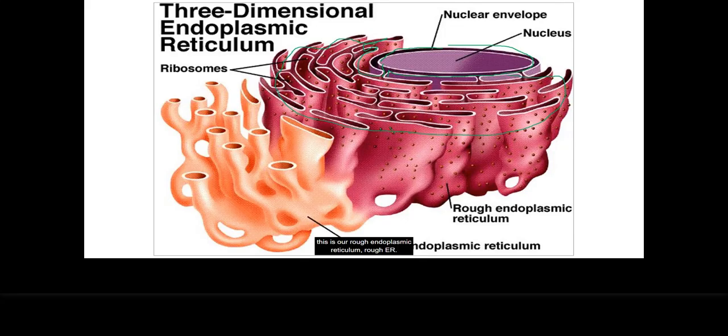This is our rough endoplasmic reticulum, rough ER, and it's attached directly to the other endoplasmic reticulum. Again, these are membrane-covered tubes, but they are smooth. So this is our smooth endoplasmic reticulum, smooth ER.